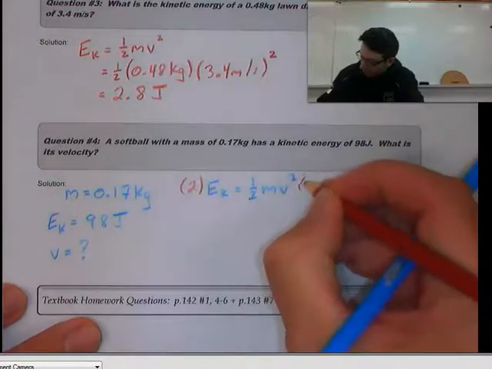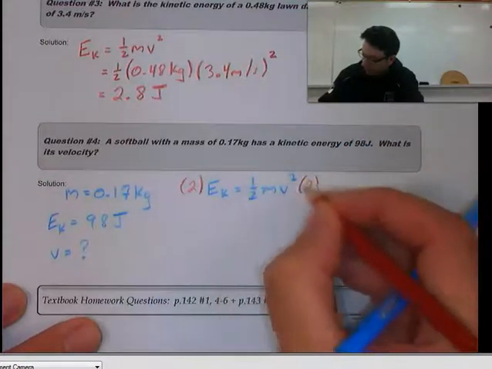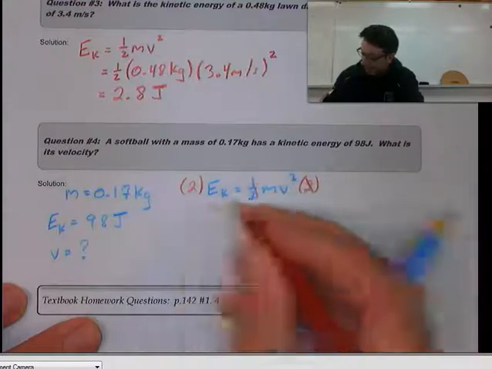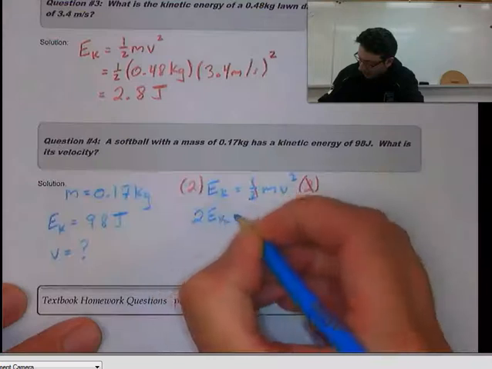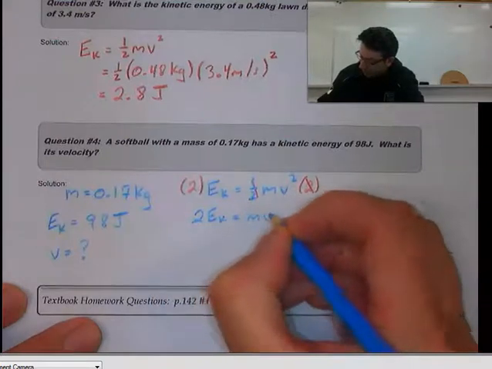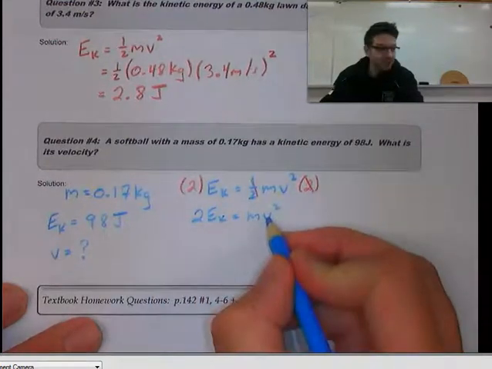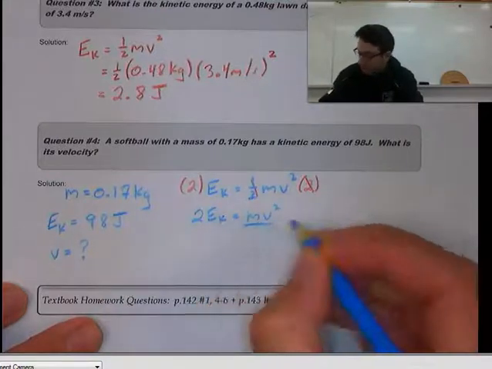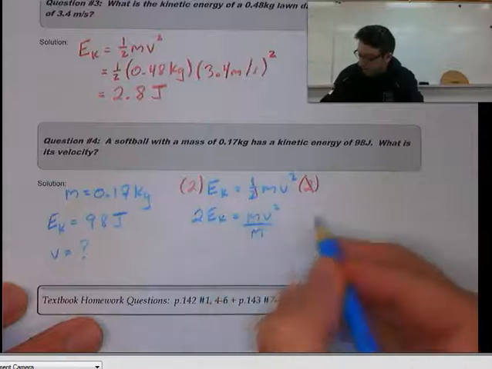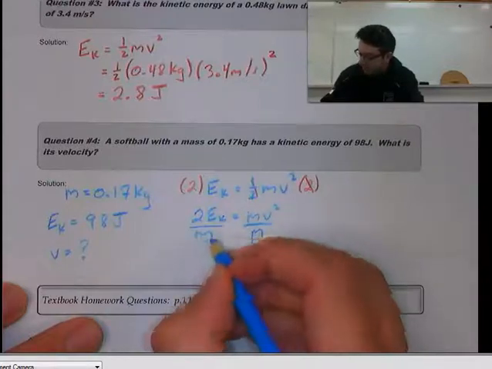If we multiply both sides by 2, well, 2 times 1/2 is just 1. And we're left with 2EK equals mv squared. Now v is being multiplied by m, so to undo that operation, we're going to divide. Take the opposite operation. We have to do that to both sides.